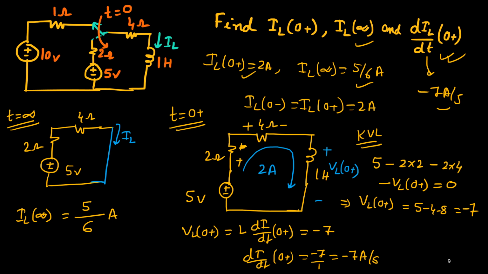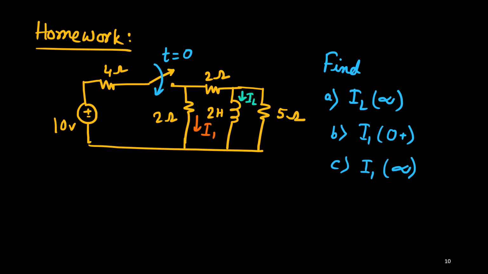So you see, with this simple concept, we can solve this kind of problem. Right? Now I'll give you a simple homework. Consider this circuit. In this circuit, I have considered one switch. That switch will be on at t equal to 0.